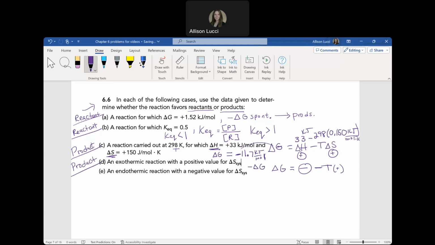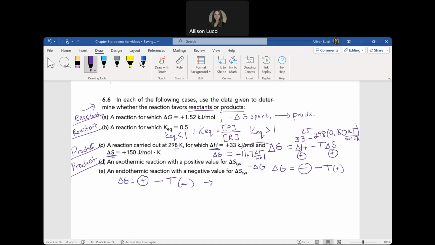And in our last scenario here, we see an endothermic reaction. So our delta G would be positive for our enthalpy change, minus temperature times a negative value now for our entropy change. So we have positive minus a negative value.